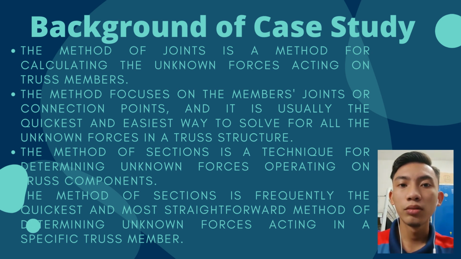The cut should go through the member for which you are seeking to solve the force and as few other members as possible. The cut does not need to be a straight line. Then, for either one or both of the sections you constructed, make a free body diagram for each portion.